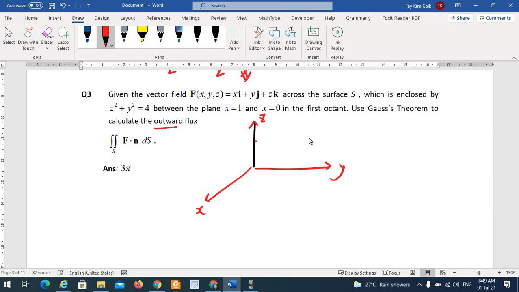Okay, and the projection here, the radius is 2 units. And they say it's first octant only, so it means the cylinder you cut into 4 parts. And here, x goes from 0 until 1.